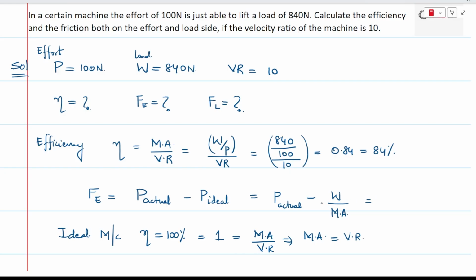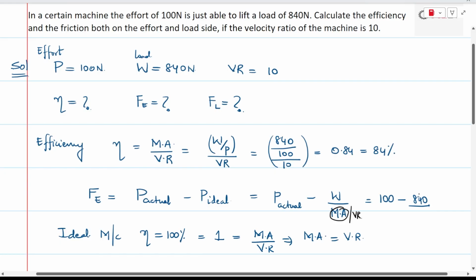Now here the actual effort is given as 100, minus the load, 840, divided by velocity ratio. Here I have written mechanical advantage, but instead of mechanical advantage we take the velocity ratio, as most of the time it is expressed that way. So that is 100 minus 840 divided by VR.